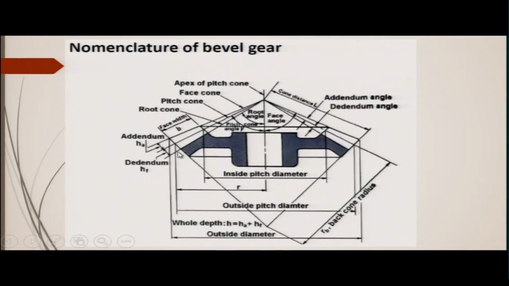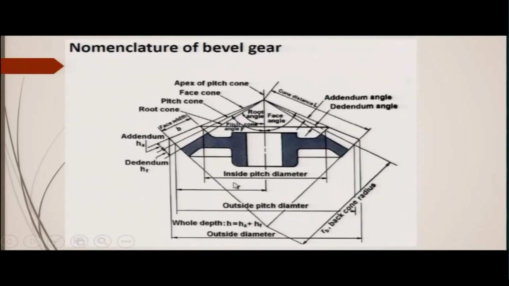This is the cone, and like the pitch circle diameter you see in the spur gear, for example, from here to the radius, this is the center line. From one tooth to another tooth, this is the pitch circle line.